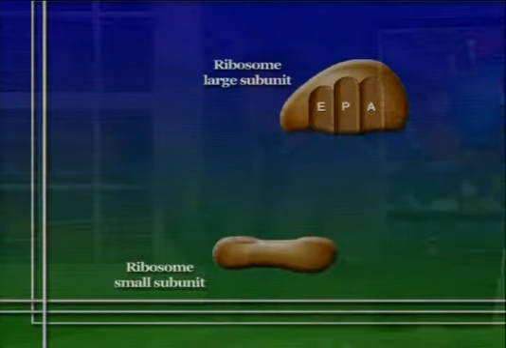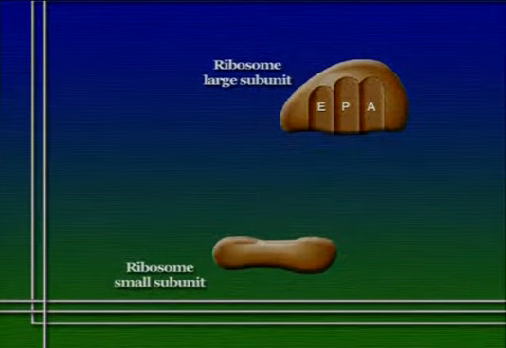I'm going to list these for you because the orientation of these will help provide insight into the initiation and elongation phase. On either end of the ribosome, we have what we'll call the A site and the E site. I'll tell you where these names come from. And in the middle, we have the P site.